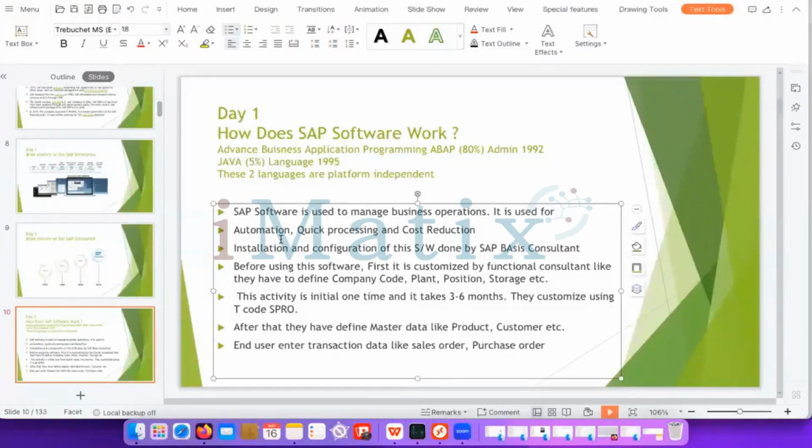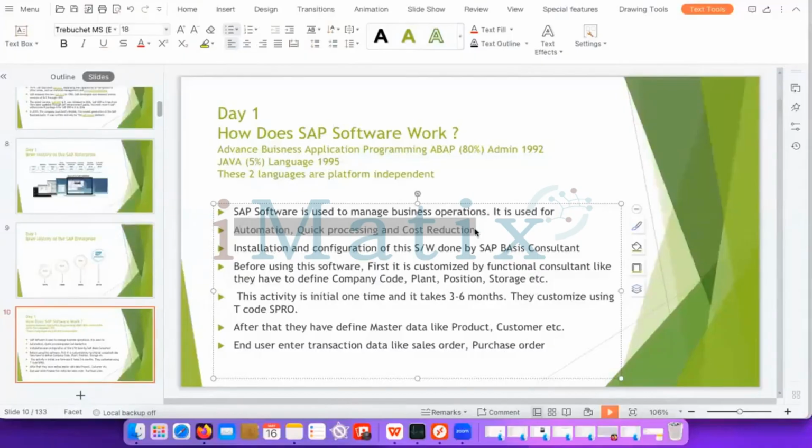Suppose your organization has 50,000 employees and you want to do salary processing. You can automate salary processing immediately, and their salary will be processed. If you want to create a sales order or purchase order, everything will be very fast. Automation, quick processing and cost reduction are the three reasons why a company goes for SAP software.